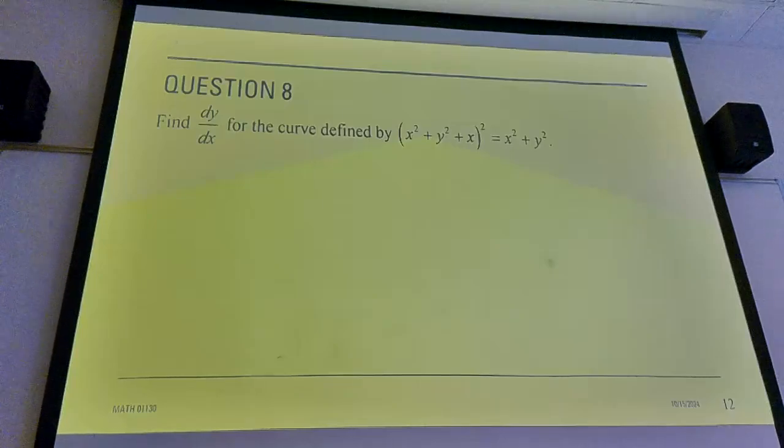So in parentheses, 2x squared plus 2y squared plus 2x. Those parentheses. The fact that you're not writing this here. Yeah, well, 2x squared plus 2y squared plus 2x.